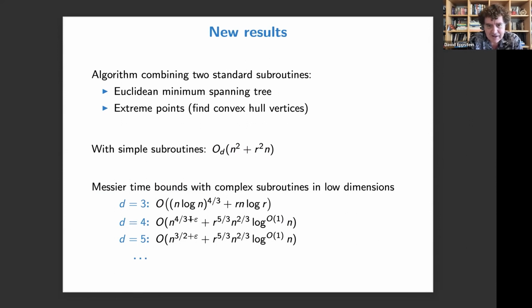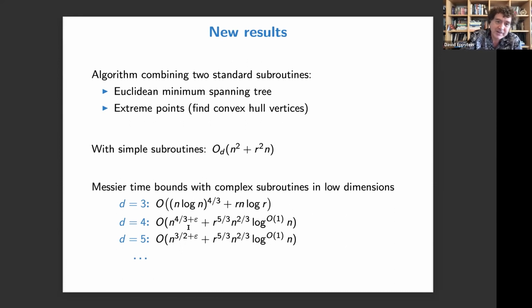And there's this kind of every other step here where there's 2 parts to the time bound, just like there are up here, a part that depends on n and a part that depends on r. The part that depends on n goes up in the odd dimensions, and the part that depends on r goes up in the even dimensions.